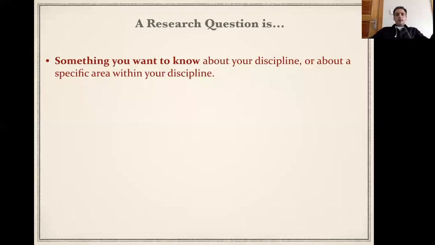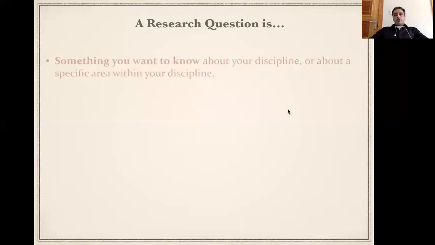Dentistry is a vague discipline. There are so many specialties and subspecialties, and within those there are certain specific elements on which we have to work. So you need to narrow down and pinpoint exactly what it is you want to know. And we'll talk in a minute about how you reach that point.